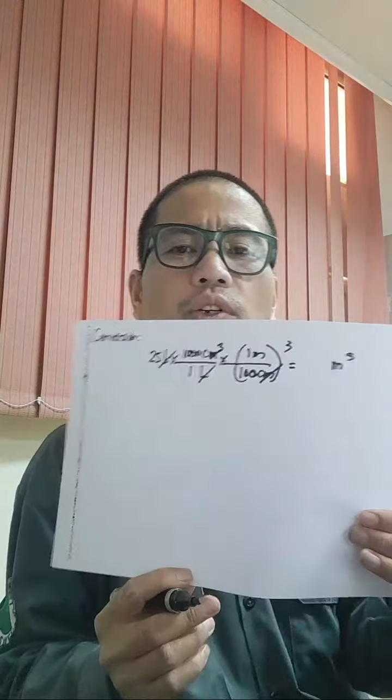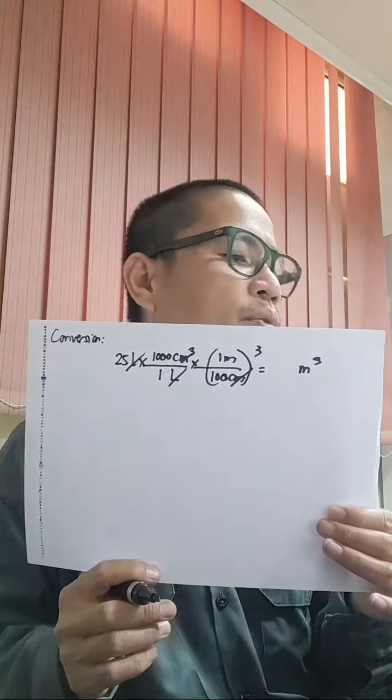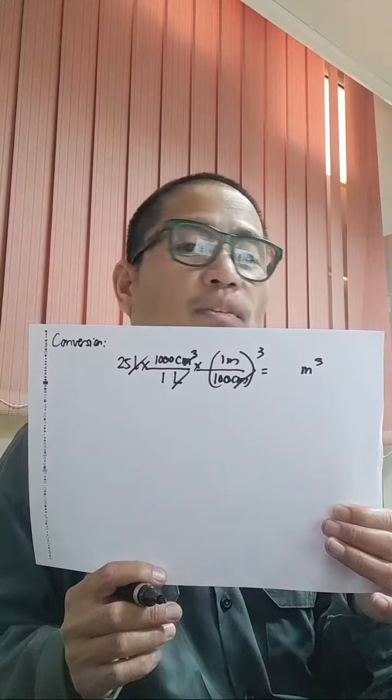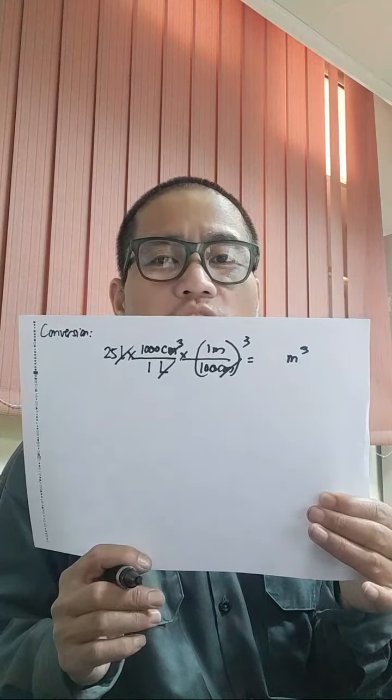We need to convert the 25 liters into cubic meters so that it agrees with the metric system, because joules is newton-meter.